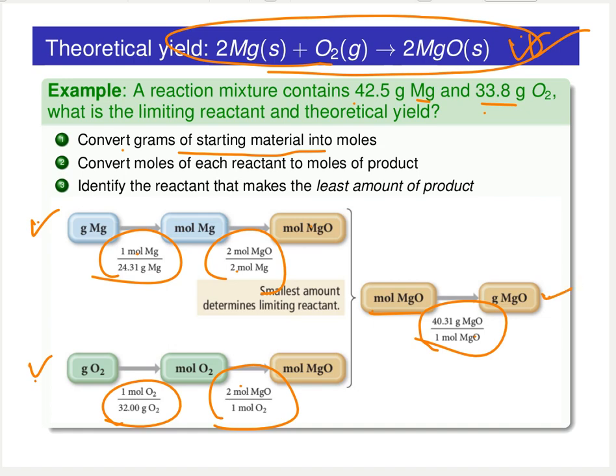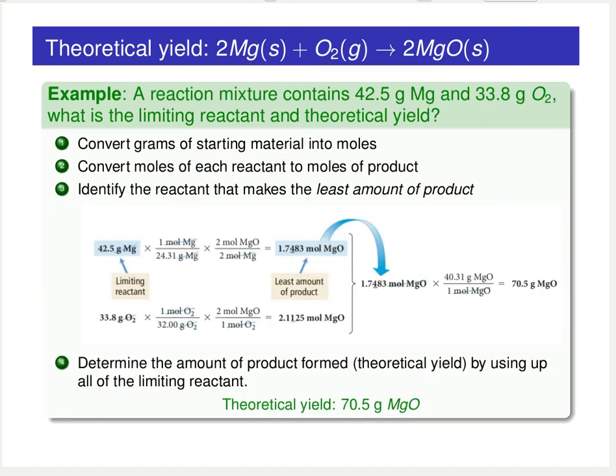Okay, so let's plug in some numbers and see where we land. If we start off with our given quantity of magnesium, divide by the molar mass of magnesium and oxygen, and use our conversion factor from the balanced chemical reaction equation, we find that it is in fact magnesium that gives us the least amount of product. And as a result, the limiting reactant is going to be magnesium.